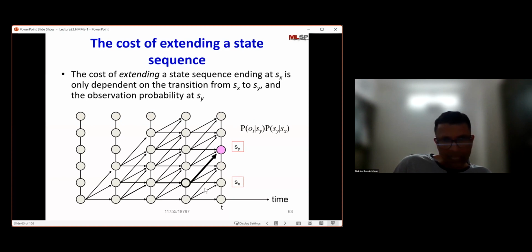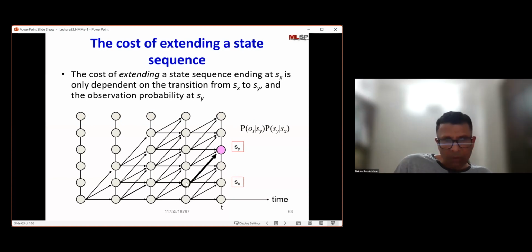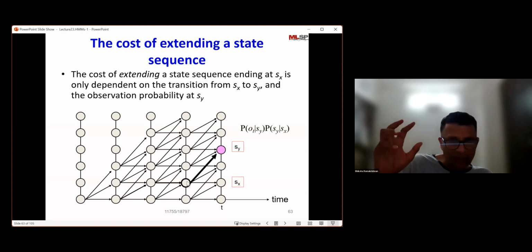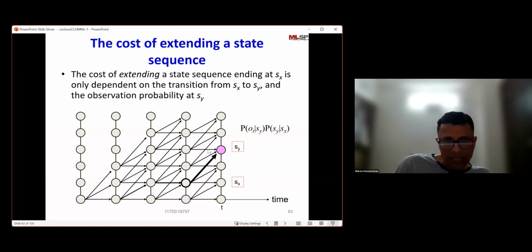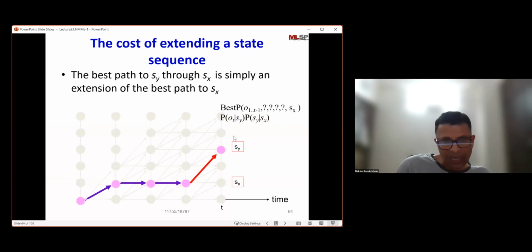And so using this, going back to my trellis, I can assign a change in score due to extending a state sequence from, say, Sx to Sy. That's simply the probability of the state sequence that ended at Sx, times the probability of transitioning from Sx to Sy, times the probability of generating the tth observation from Sy, right?